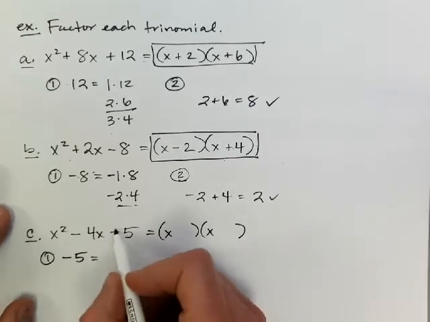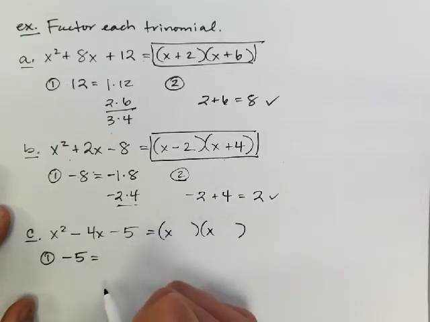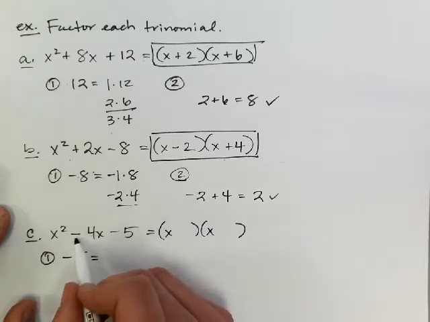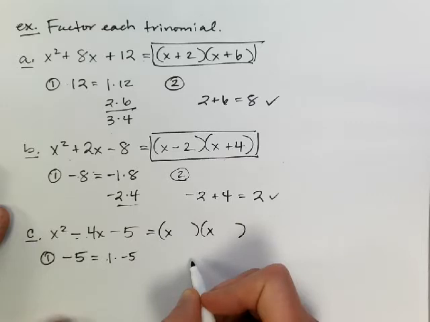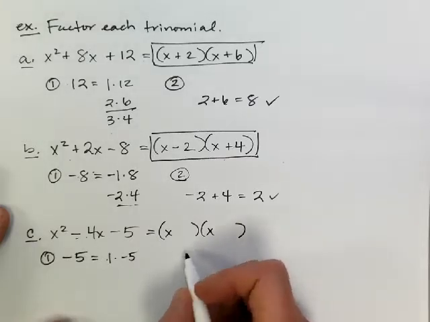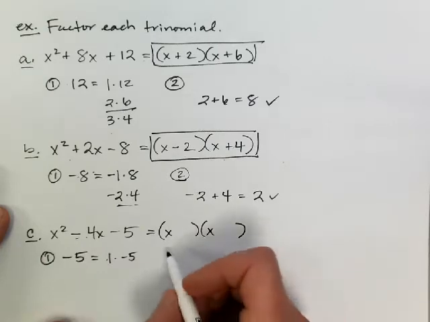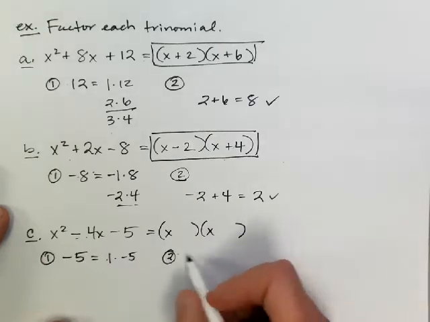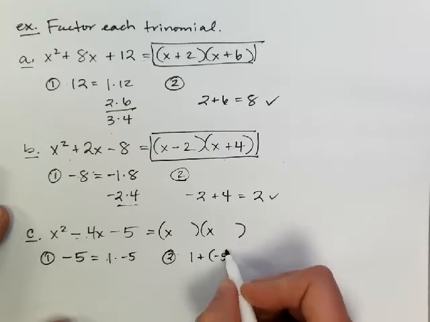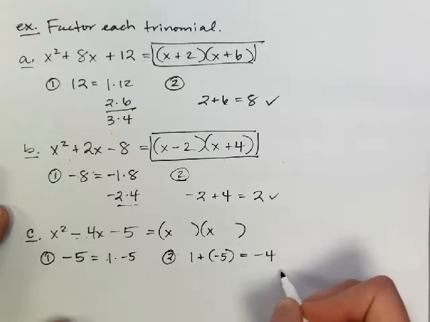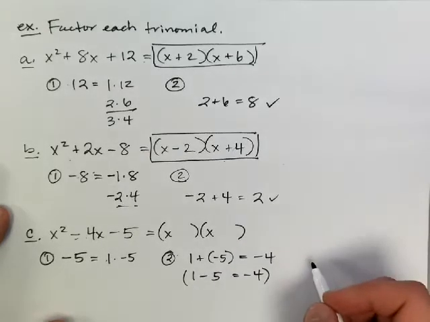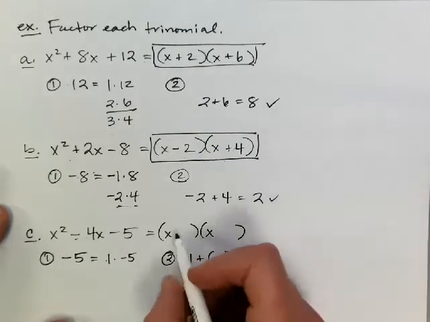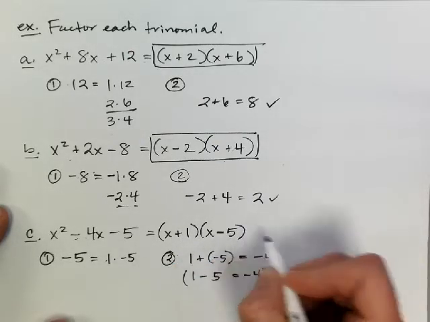So one of them has to be negative, one of them has to be positive, and the negative one needs to be bigger to make the middle term negative. So we have 1 times -5 rather than -1 times 5. That's the only way to factor 5. If we check, 1 plus a -5 does equal -4, or we could say 1 minus 5 equals -4. So those will be our terms, +1, -5.